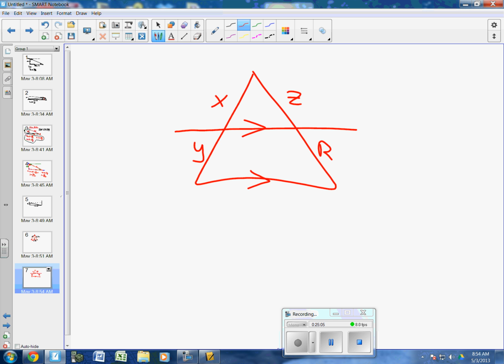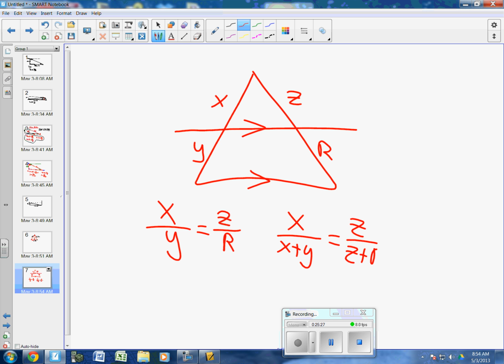What are the ratios it divides it into? X over y is equal to z over r, right? That's one ratio you can divide it into. Or you could divide it into x over x plus y equals z over z plus r. In other words, x over this whole length is equal to z over this whole length, right?